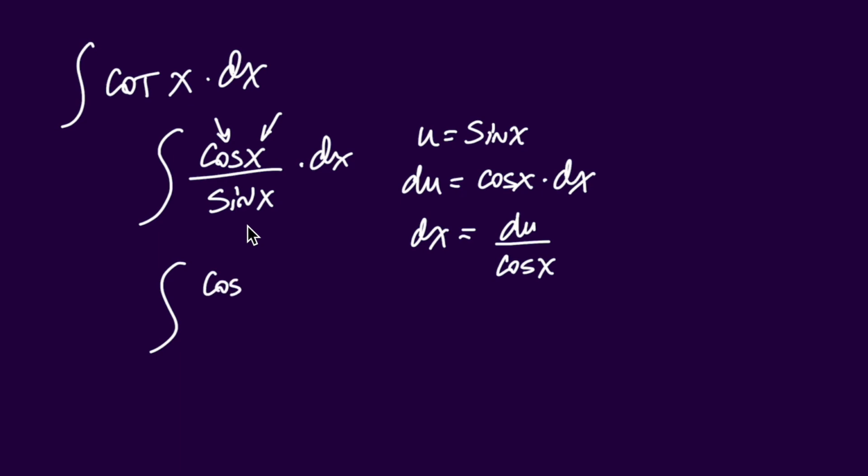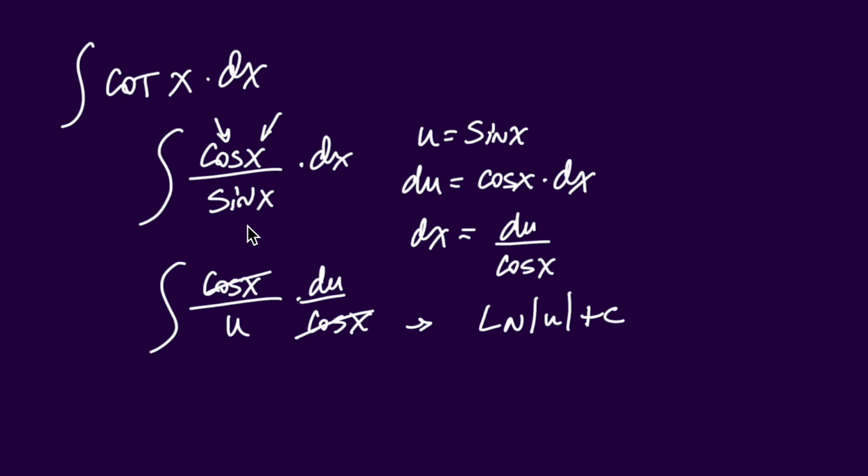We're going to go ahead and substitute. Instead of dx, we're going to have du over cos x. These are going to cancel, and you're going to end up with natural log absolute value of u plus c, and then we're going to go ahead and replace u with sine of x.